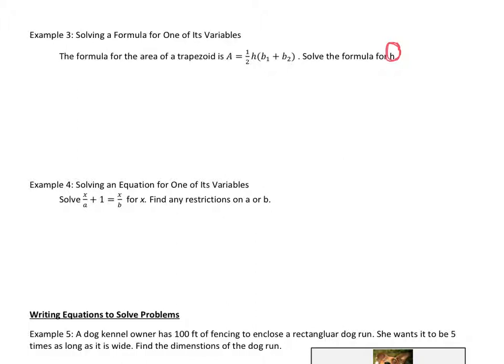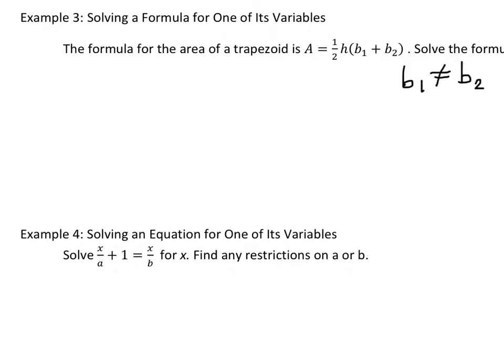On a trapezoid, there's the first base on top, which is usually shorter, and then the second base on bottom, which is longer. So they're two different things. b1 does not equal b2. They are not like terms, we cannot combine them. We could have used totally different letters. Same thing. All right.